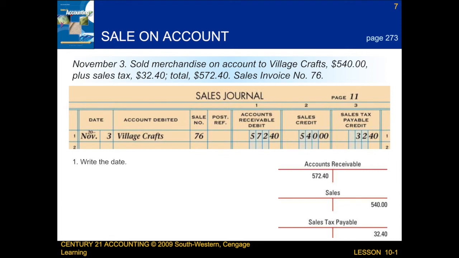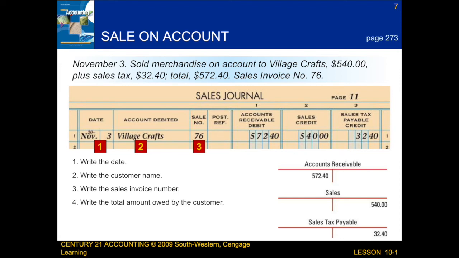First, we write the date, which is November 3rd, in the date column. Next, we write the customer name, which is Village Crafts, in the account debited column. After that, we write the sales invoice number, which is 76, in the sales invoice number column. Next, we write the total amount owed by the customer, which is $572.40, in the accounts receivable debit column.